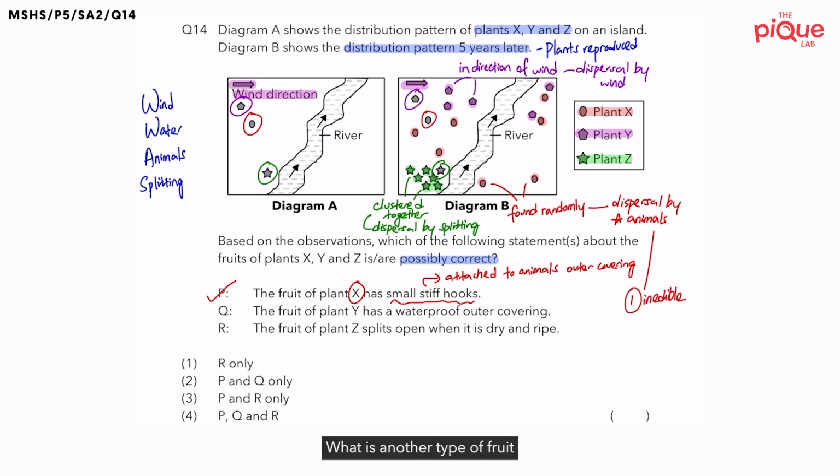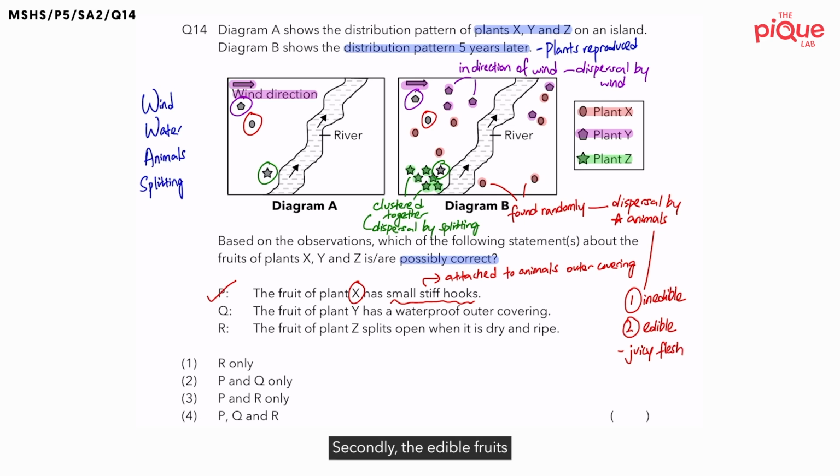What is another type of fruit that can be dispersed by animals? Besides inedible fruits, we also have edible fruits. Can you tell me some important characteristics edible fruits must have in order to be dispersed by animals? Edible fruits must first have a juicy flesh to attract the animals to eat them.